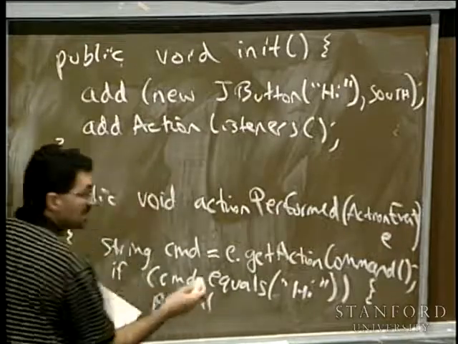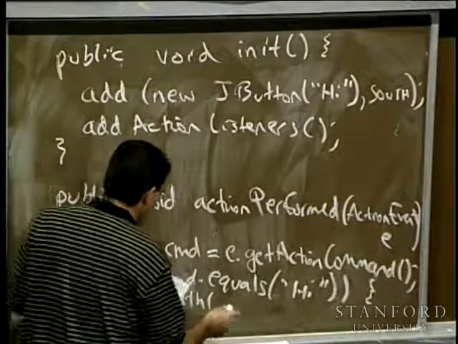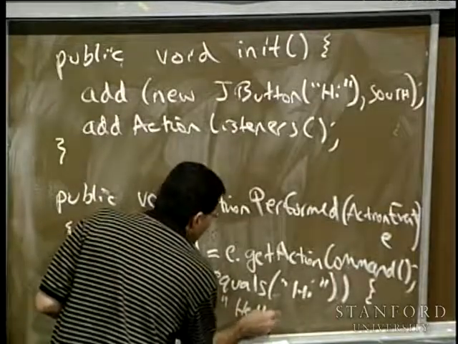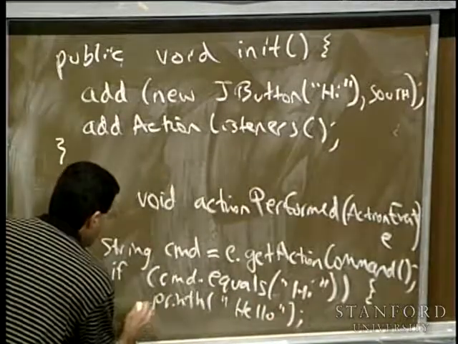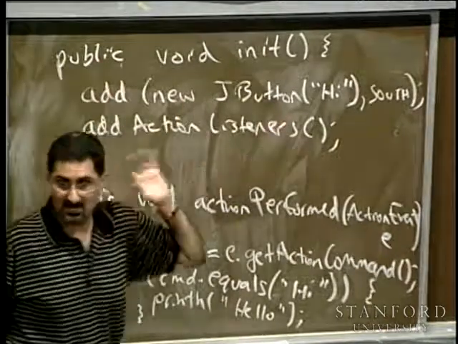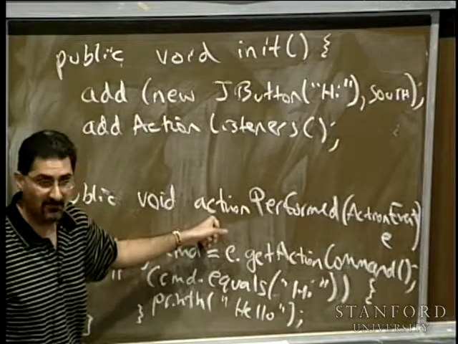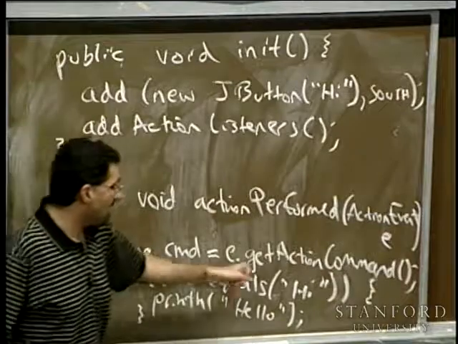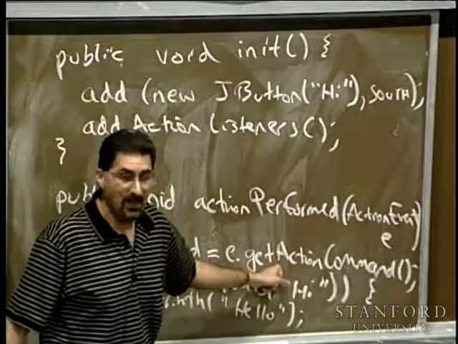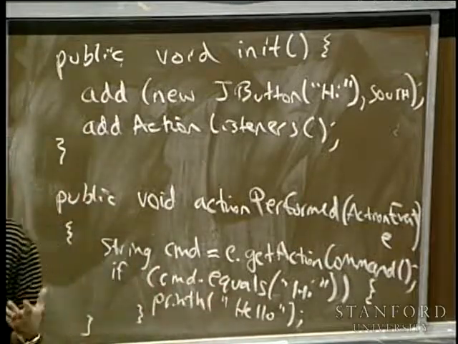This println still prints to the center region, because that's where the console is in a console program, and I might write out hello when someone clicks the Hi button. There is no run method here. I just set up the state of the world with a button, start listening to that button, and anytime it gets clicked, actionPerformed gets called. I ask the event that gets passed in what command was actually issued, I get that as a string, and then I can check which button it was.